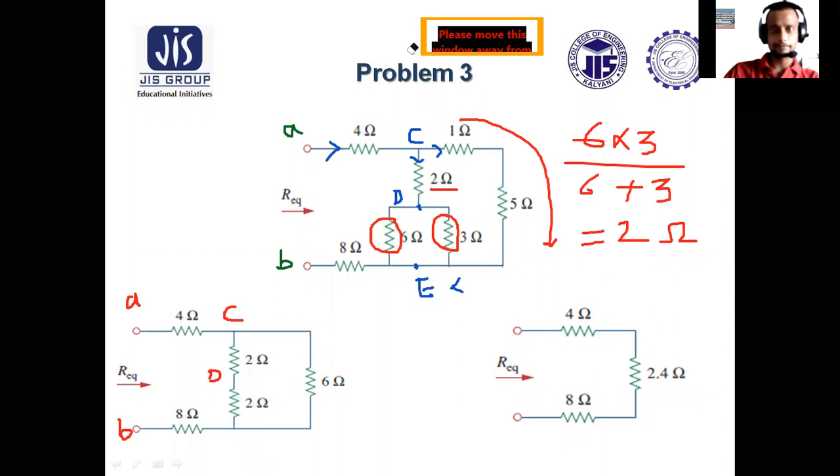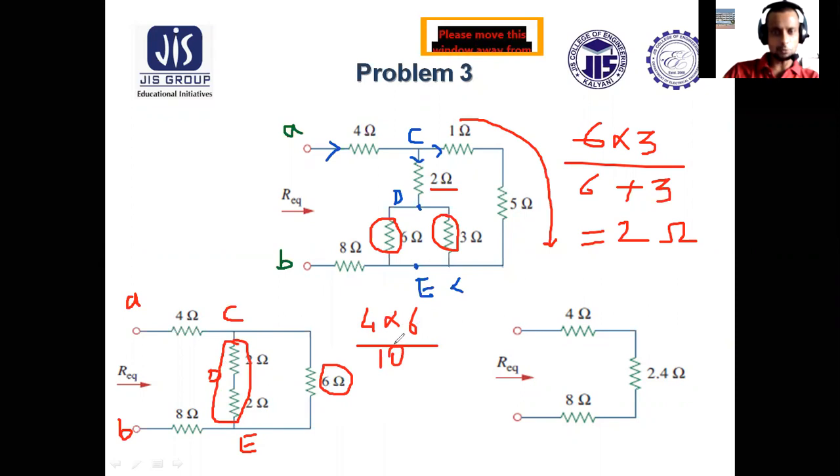Now see, these two 2 ohms are in series. So this combination will be 4 ohm. This 4 ohm will be combined with this 6 ohm. So 4 is in parallel with 6. So 4 parallel 6 means 4 into 6 divided by 4 plus 6, that is 10.